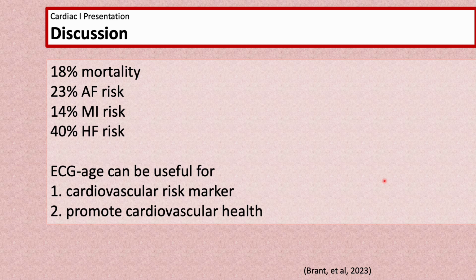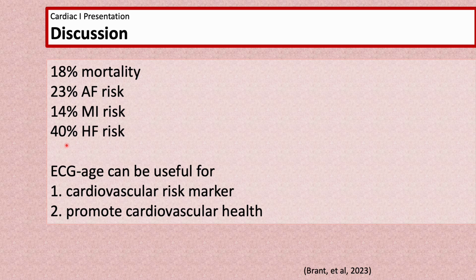Both of those, the AF and MI, are related to the P and the T waves of an ECG. And there's a 40% increase in heart failure risk, which is typically characterized by a longer ECG QRS complex.